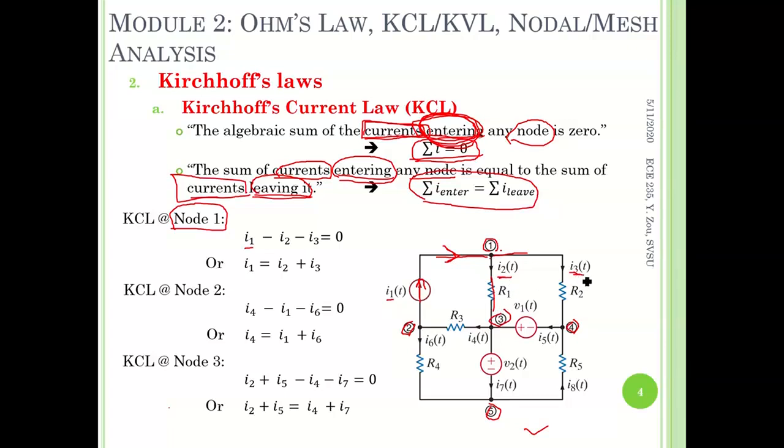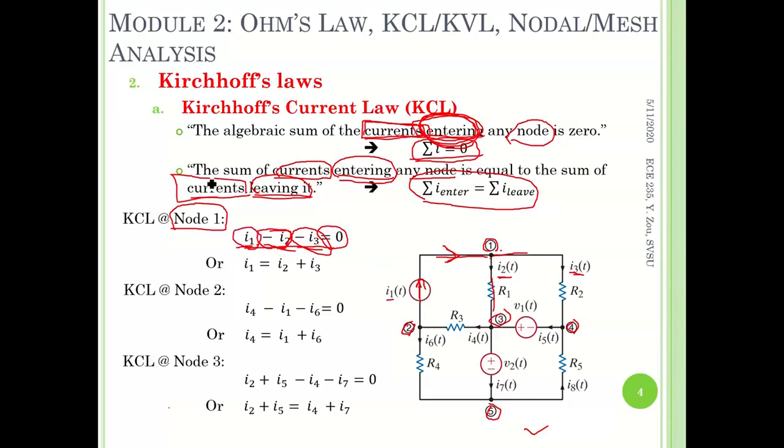And this is what we learned from the previous module. Therefore, the equation we want to write is I1 plus negative I2 plus negative I3 equals 0. In other words, negative I2 and negative I3 are the currents entering node 1 as well, same as I1 itself.